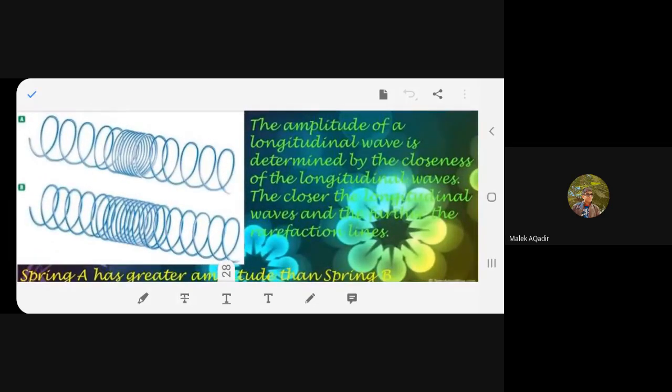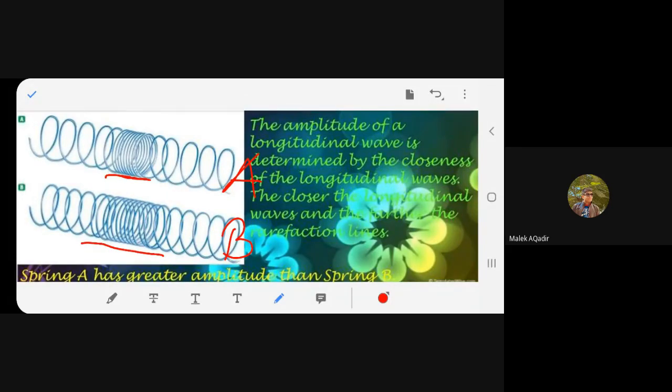For example, this is spring A. Can you see this? This one? This is spring A and this is spring B. Now spring A has got amplitude more than spring B. Can you see this over here? And can you see this over here?